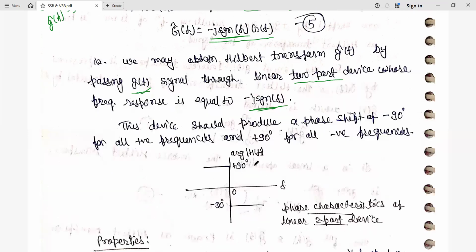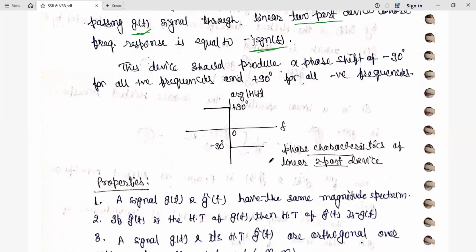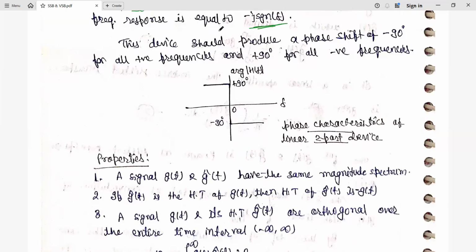This device produces a phase shift of -90° for the positive frequency and +90° for the negative frequency. So be careful: -90° means positive frequency, and +90° phase shift means negative frequency.